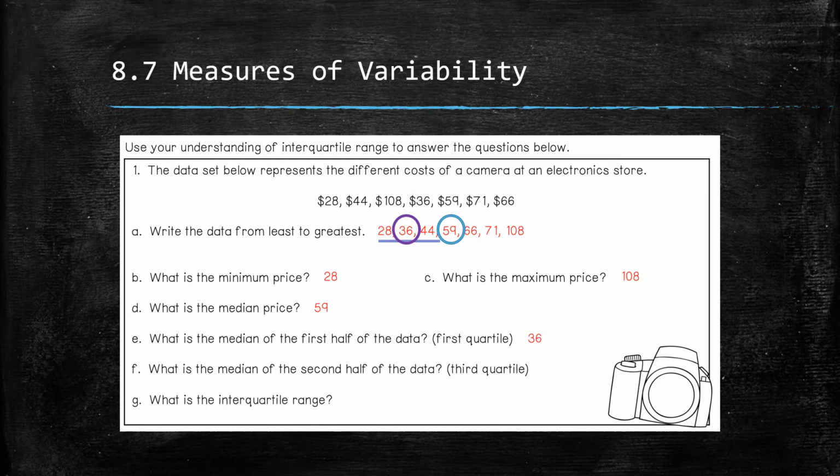And I have my upper quartile, with 3 data points. They should be the same as the first, and my median is 71. Okay, so we did that just like we did in the other lesson. So the interquartile range is subtracting the 71 minus the 35, which gives me 35.